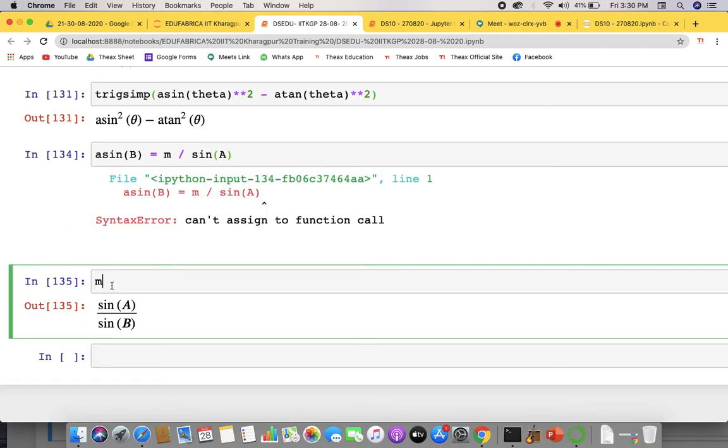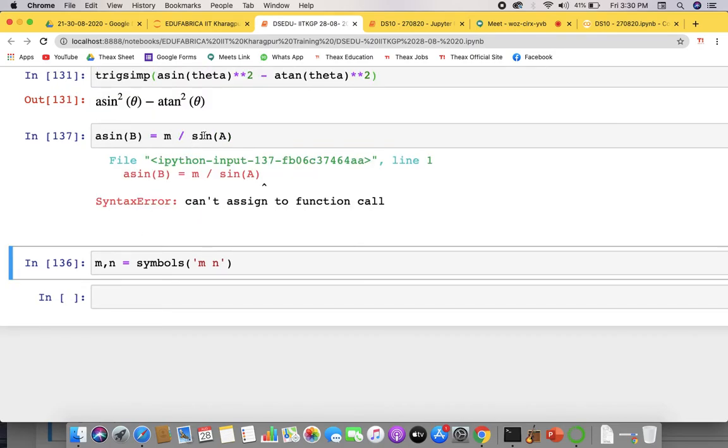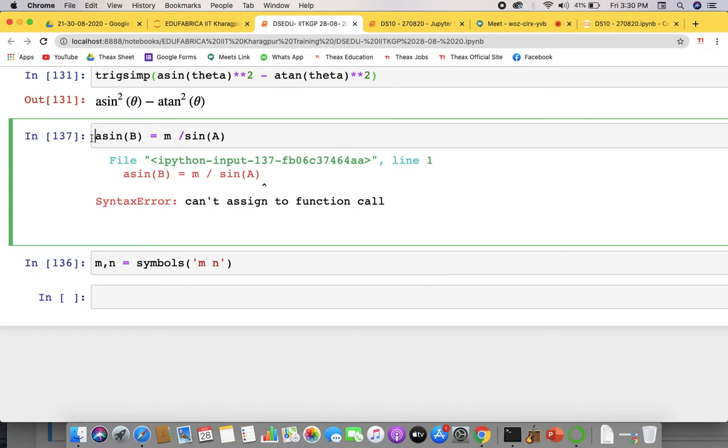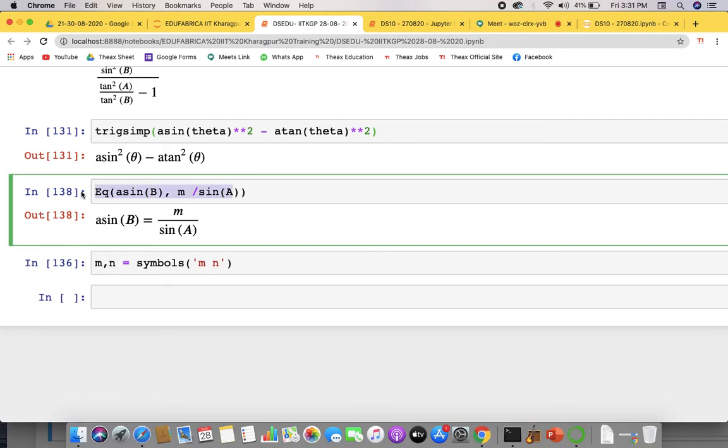Okay. So let's say this is m and n both as the symbols. So let's write it as an equation and equate this. So this is cosec b, you can say this is going to be m by sin a. Similarly, you can write cot b is going to be equal to n by tan a.